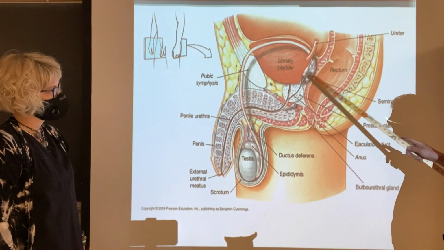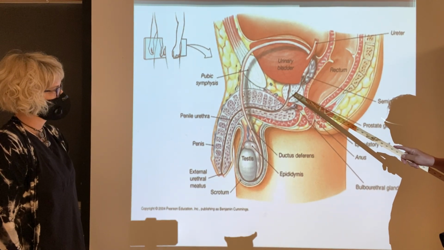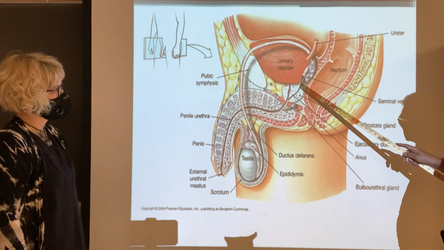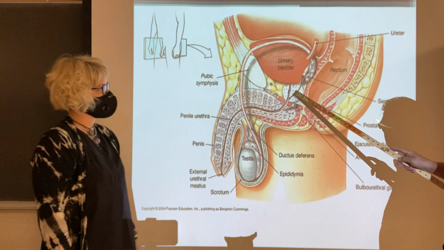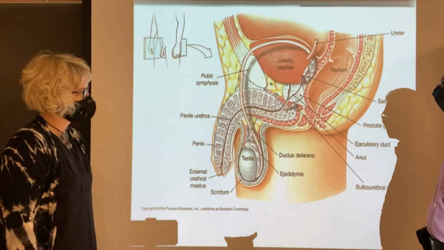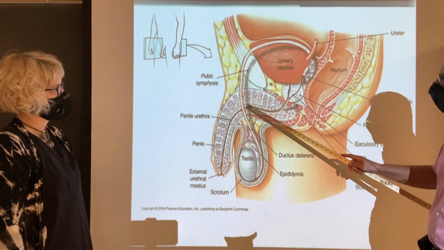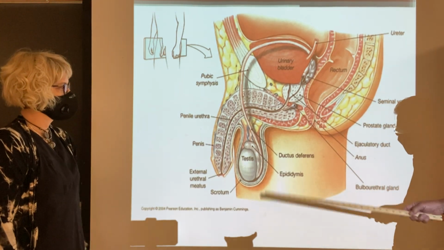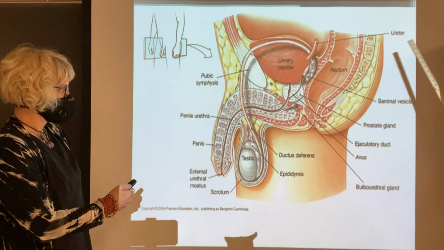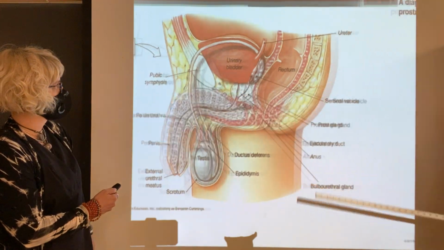Now they combine to form the ejaculatory duct. The ejaculatory duct then travels through the prostatic urethra into the membranous urethra, and out it goes. Anything else? I think that's it for that one.